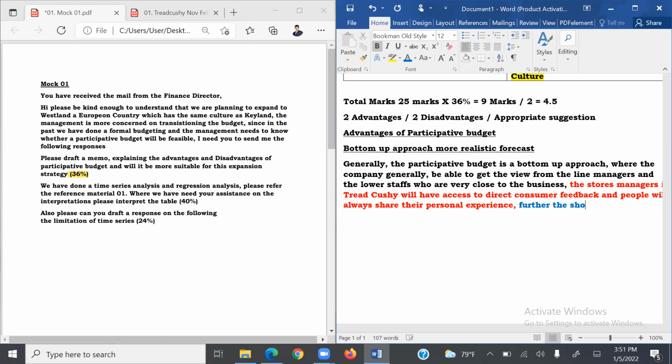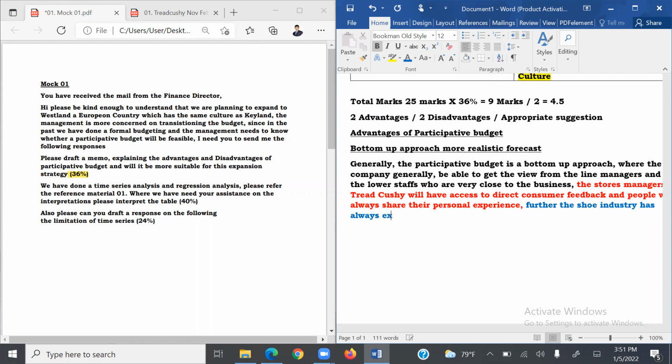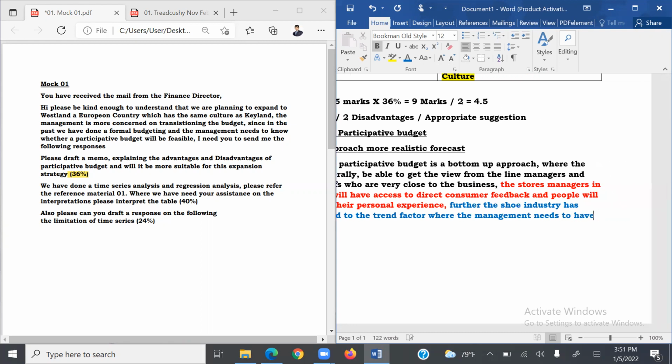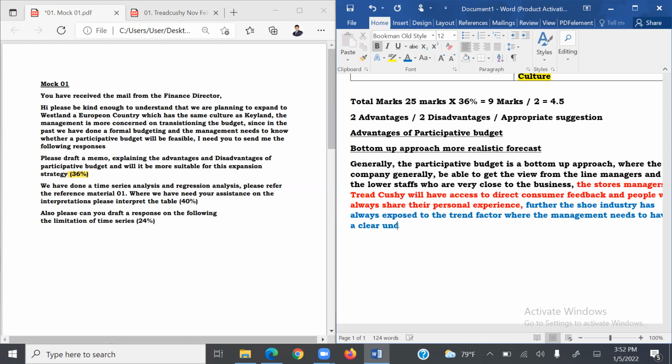Further, the shoe industry has always been exposed to the trend factor, where the management needs to have a clear understanding. So I'll continue, students.